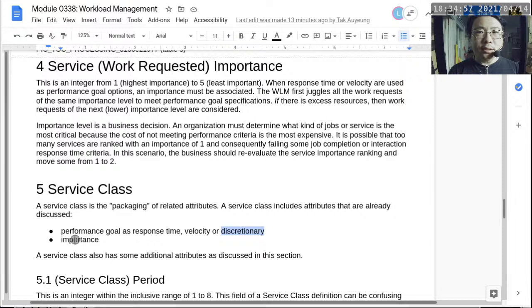The second attribute is importance, which can go from 1, which is the most important, to 5, which is the least important. But the service class has some additional stuff, and some of this is not very directly specified when you read IBM documentation.